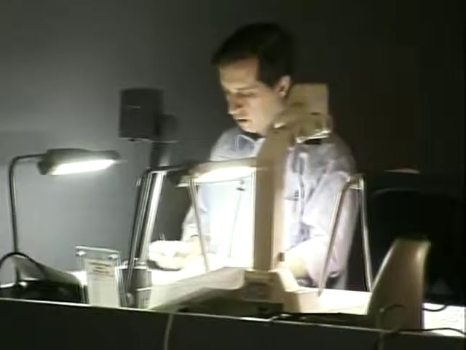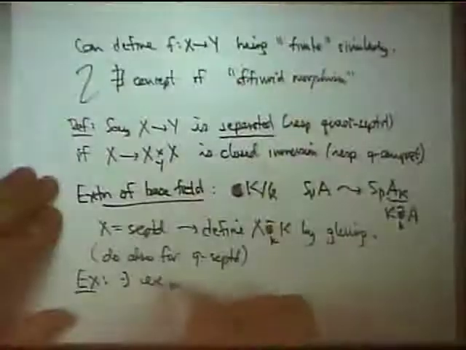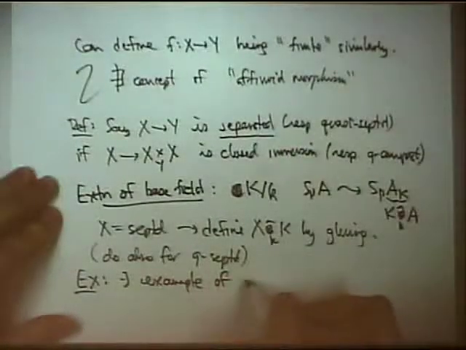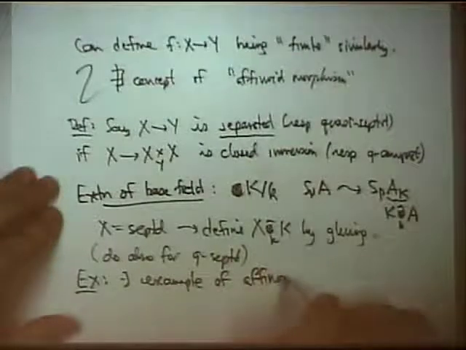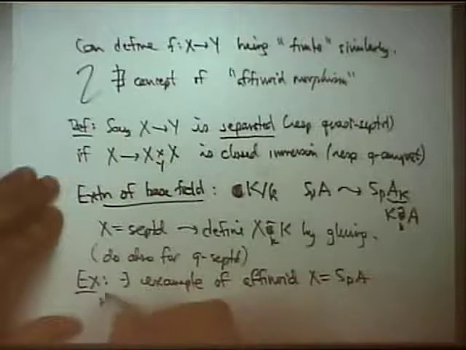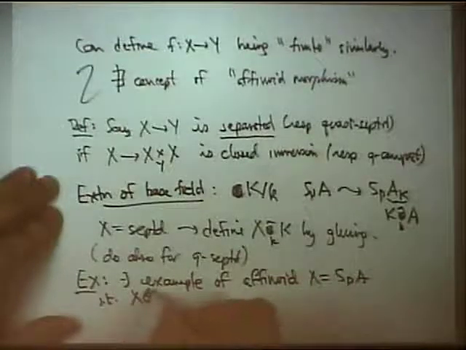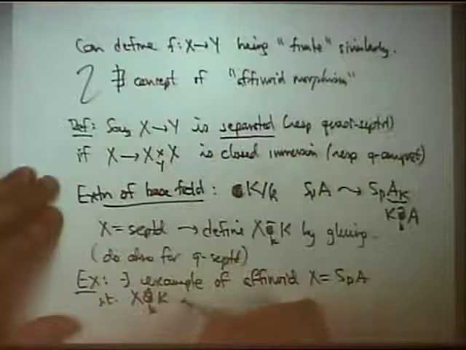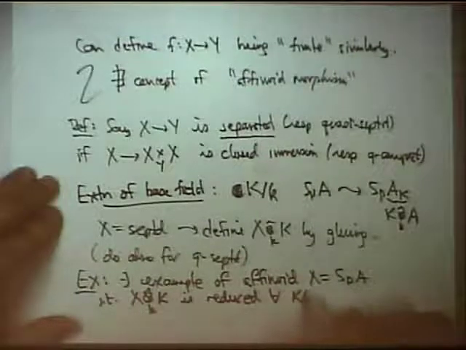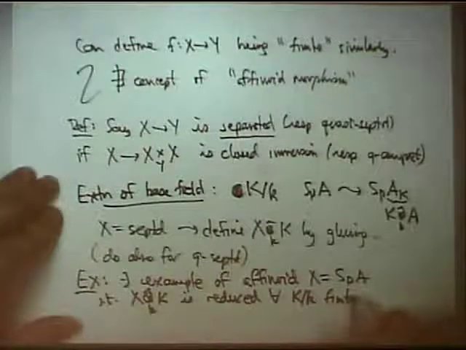But I'll just say that there are examples, and these are given as an exercise in the notes, of even affinoid spaces such that if you look at the extension of the base field, this is reduced for all K over k finite, but not in general.